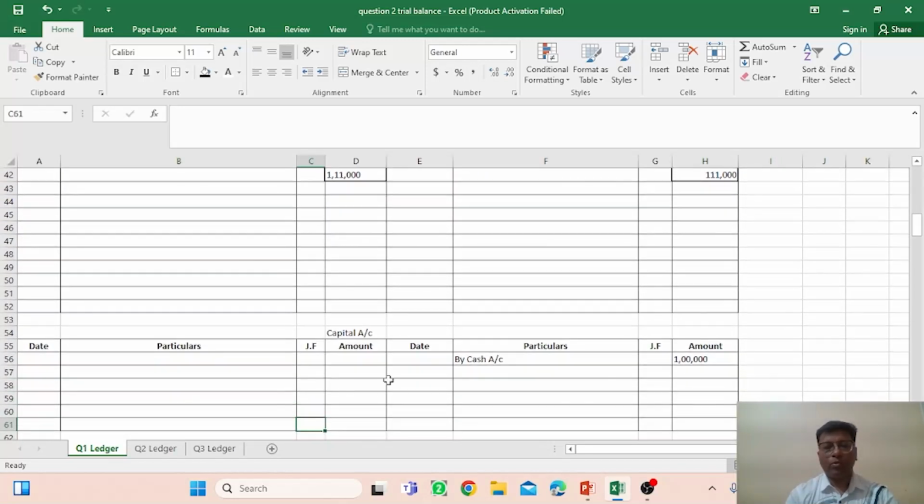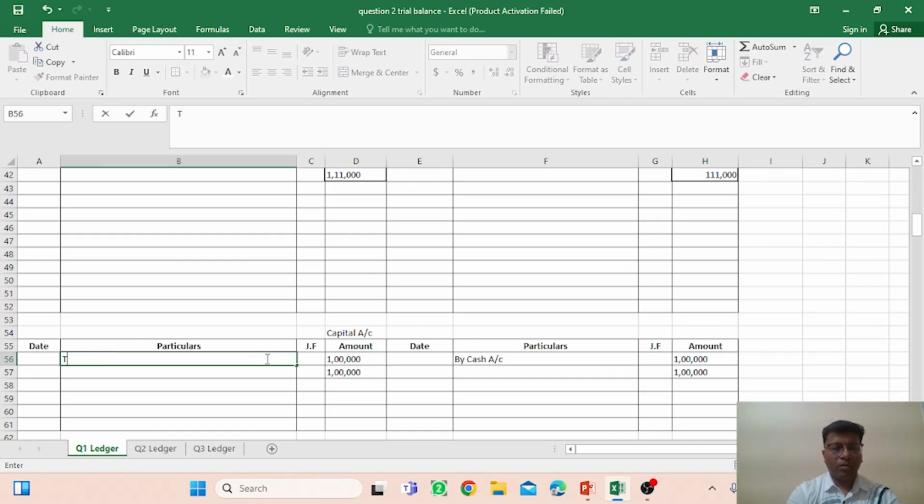And now we have to close this particular account, because in the single side there is a particular amount, so the same amount would be written over there, rupees 1 lakh, and the balance would be rupees 1 lakh, to balance CD, right?